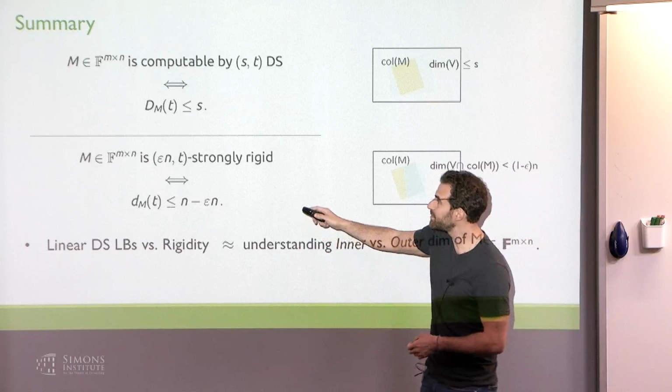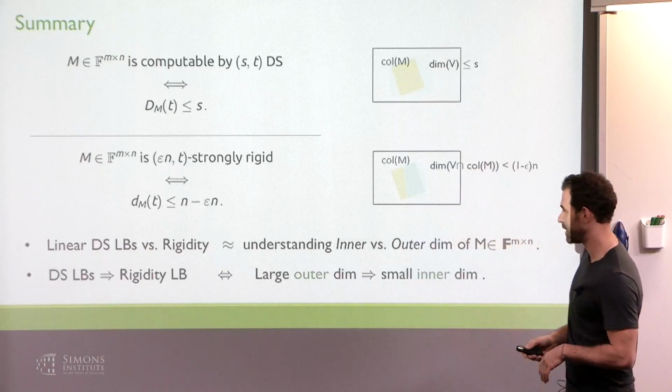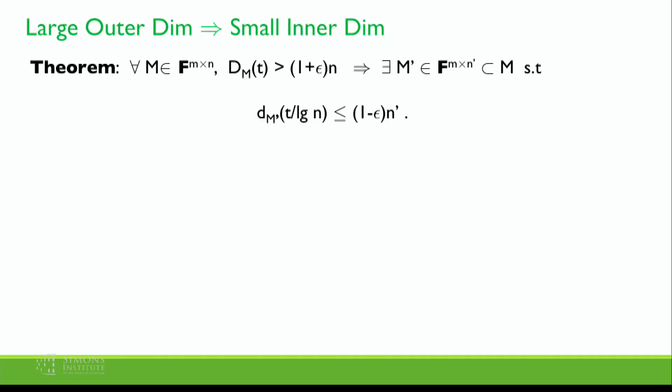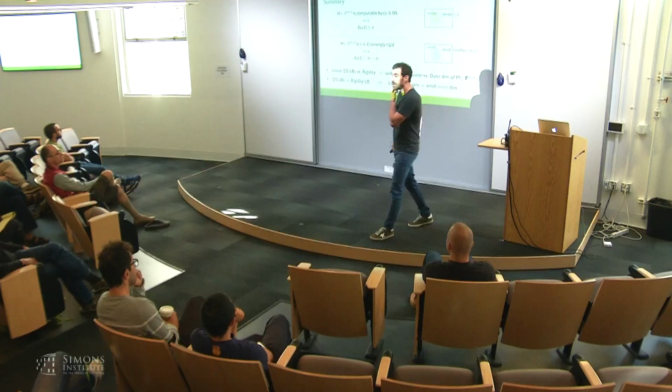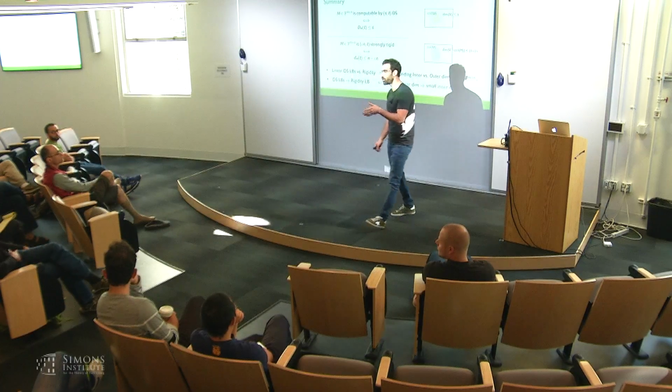So showing that data structure lower bounds imply rigidity is equivalent essentially to showing that large outer dimension implies small inner dimension, just by this characterization. The other way around is just clear now. Rigidity implies the data structure. Okay, so that's true only for very weak data structure lower bounds against linear space, but I agree, that's a simple implication, which I probably won't have time to discuss.